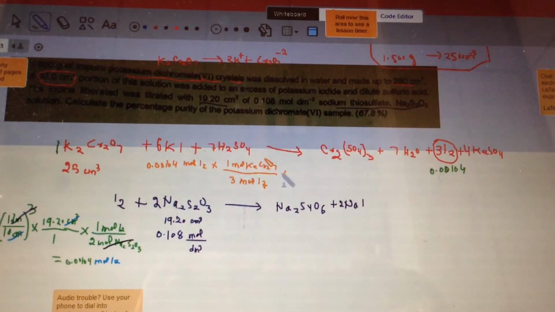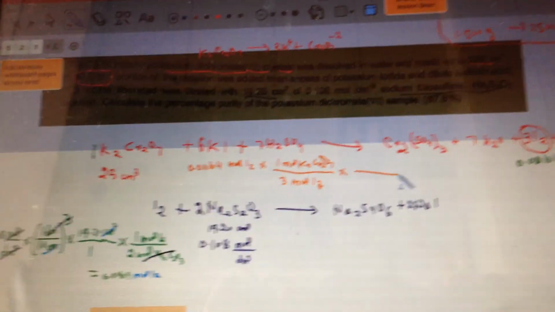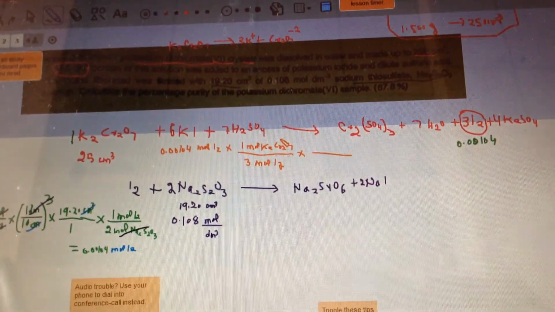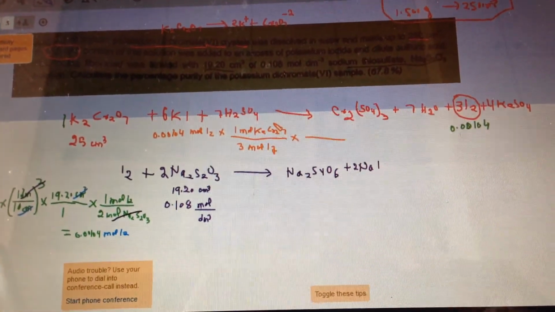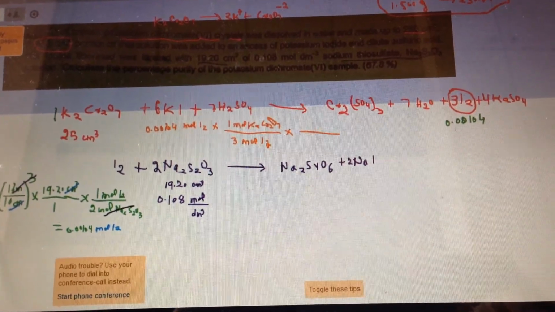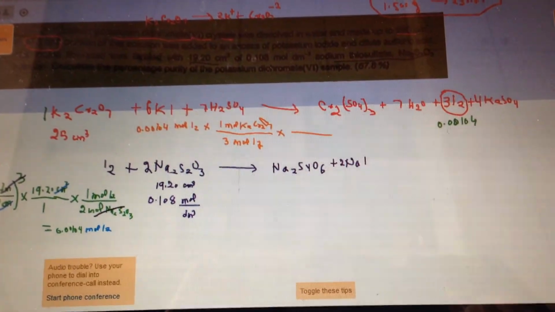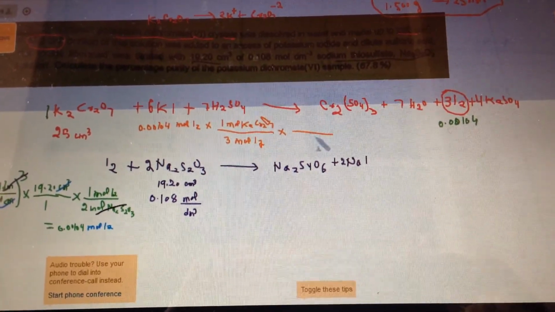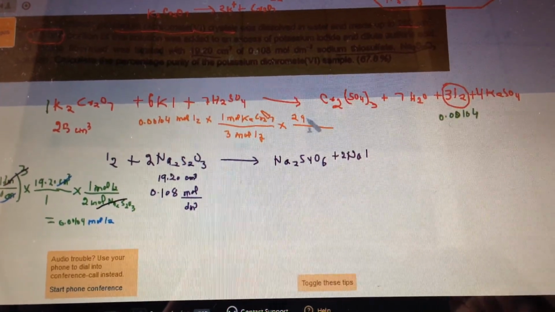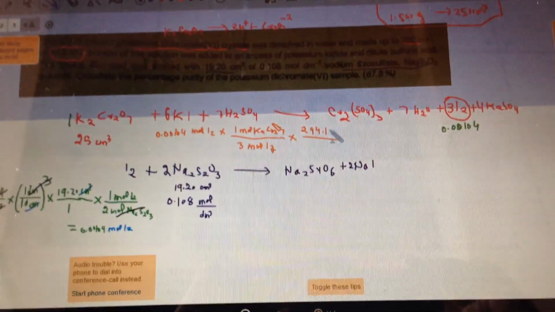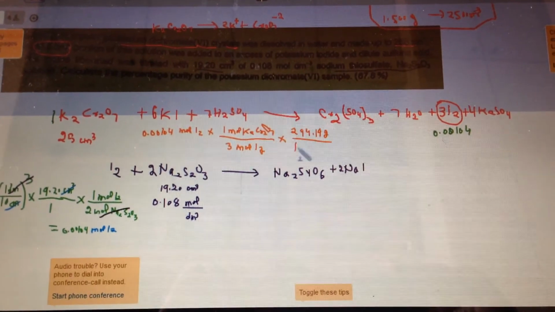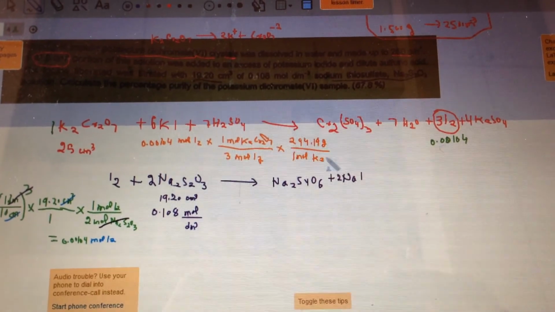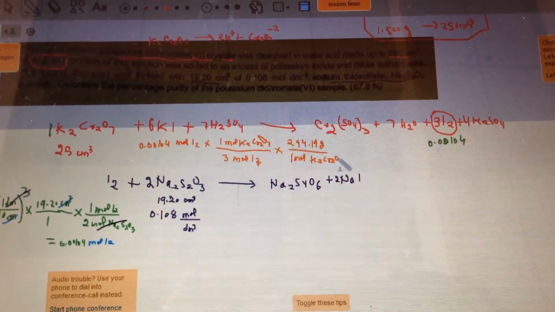Now once we have the moles of K2Cr2O7, we can get the mass of that using the molar mass of K2Cr2O7, which is 294.19. So that's going to be times 294.19 grams over 1 mole of K2Cr2O7.